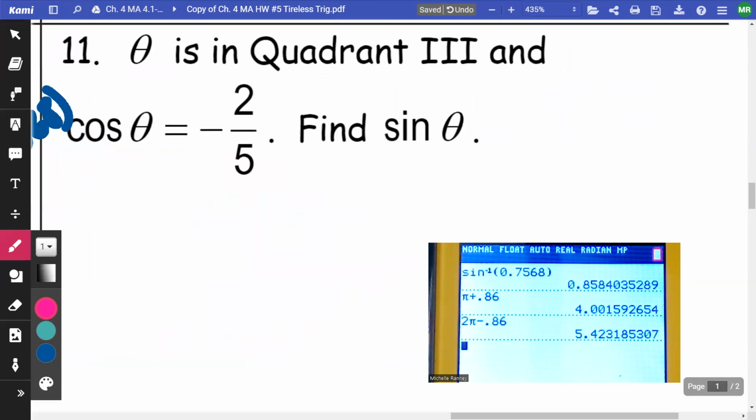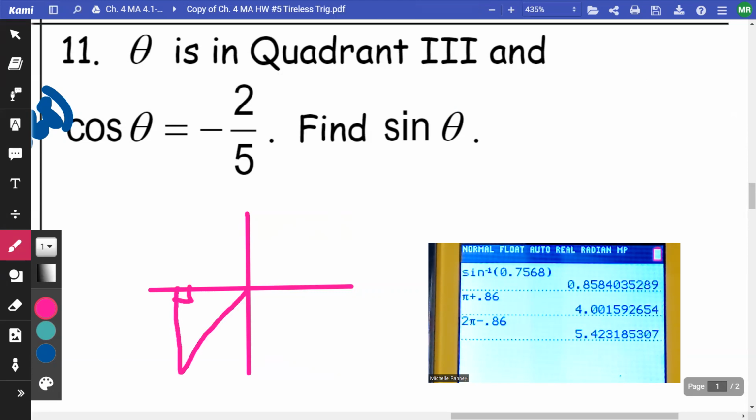On number 11, we're going to be in quadrant 3, because we know cosine is negative in quadrants 3 and 2, and they're telling us it's in 3. So if I draw my right triangle, I know the angle has a cosine of -2/5, so that's going to be adjacent, a -2.